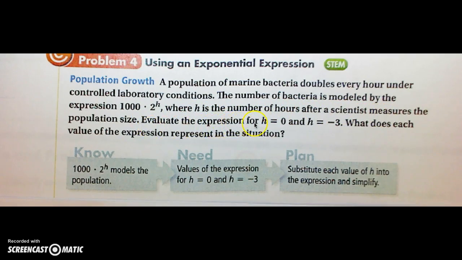Evaluate the expression for h equal to 0 and h equal to negative 3. What does each value of the expression represent in the situation? We need values of the expression for when the hour is 0 and the hour is negative 3.